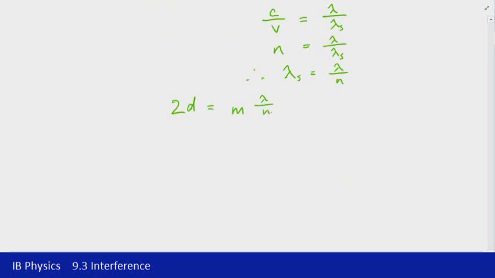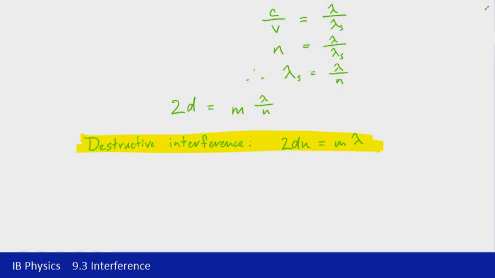And if we take that one step further, we end up with the equation that's in the data booklet, including these words at the beginning, destructive interference. So 2dn is equal to m lambda. So there's the equation. So all that's happened there is that the refractive index has been multiplied up onto the other side.